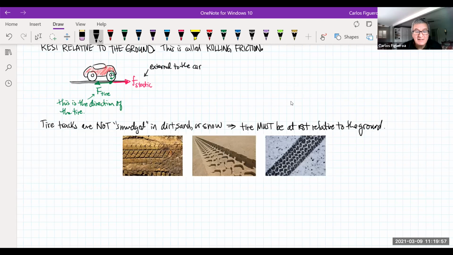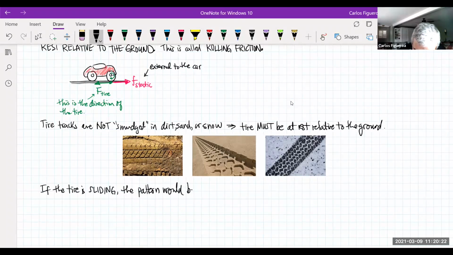And you might say, no, that's really, well, think about this. If the tire is sliding, what pattern would you see here? If the tire was sliding, the pattern would be different.